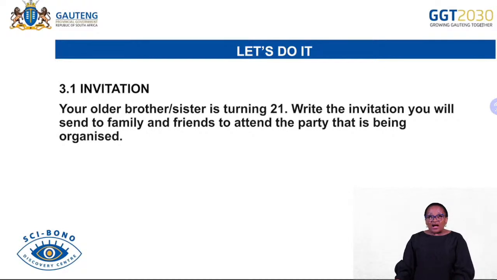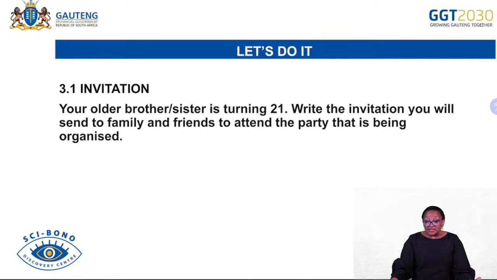The type of function is also given. Then the second sentence says, write the invitation you will send to, that is the audience, to family and friends. For what? To attend the party that is being organized. So wow, we are organizing a party here. A 21st birthday party. So the type of function is clear. It's given in that brief.